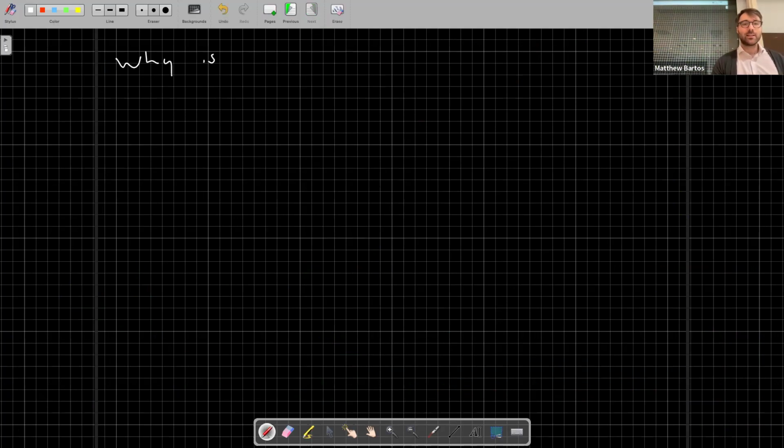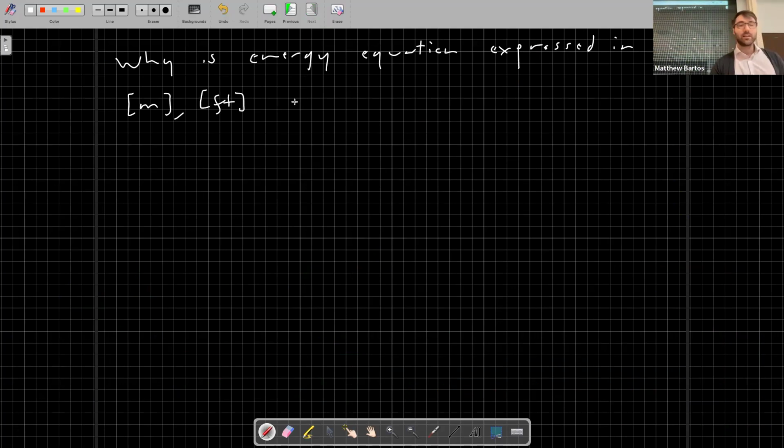Why is the energy equation expressed in units of length, so meters or feet, instead of units of energy, so Newton meters or kilogram meters squared per second squared?